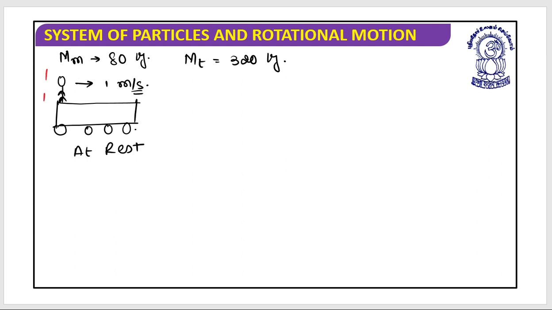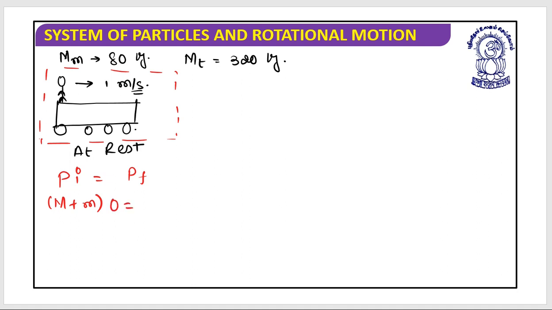If I take this as my boundary, then I can understand that there is no external force acting on the system. And if no external force is acting on the system, then P initial is equal to P final. Initially these two were at rest, so it's m plus M into 0.